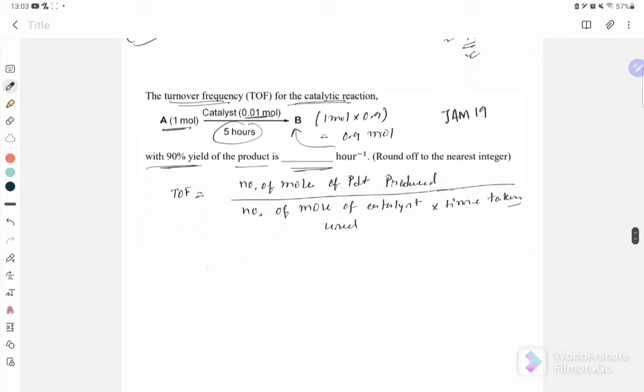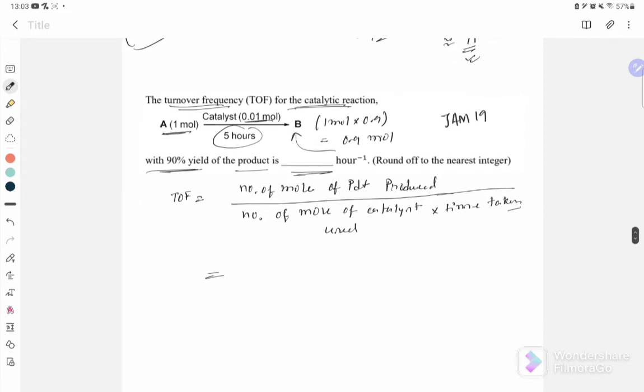So we just put in the data from here. The product formed is 0.9 that we calculated, in moles, and the catalyst used is 0.01 mole, into time taken, that is 5 hours.